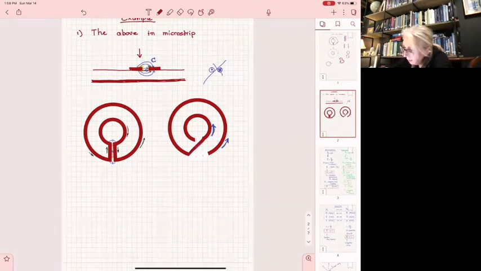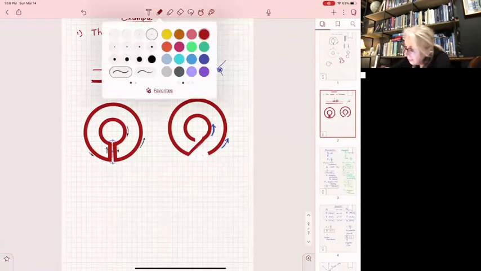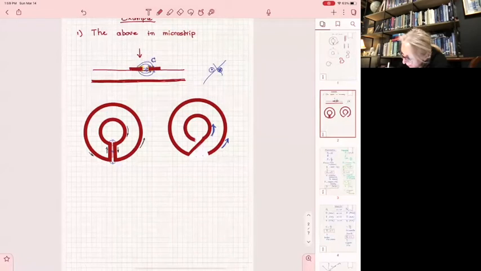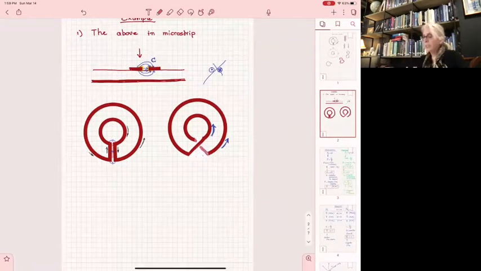And then I go over the other line, so I'm using another layer. And I go from here in a lower layer. So you will see a lot of these kinds of loops that are used for inductors in high frequencies.